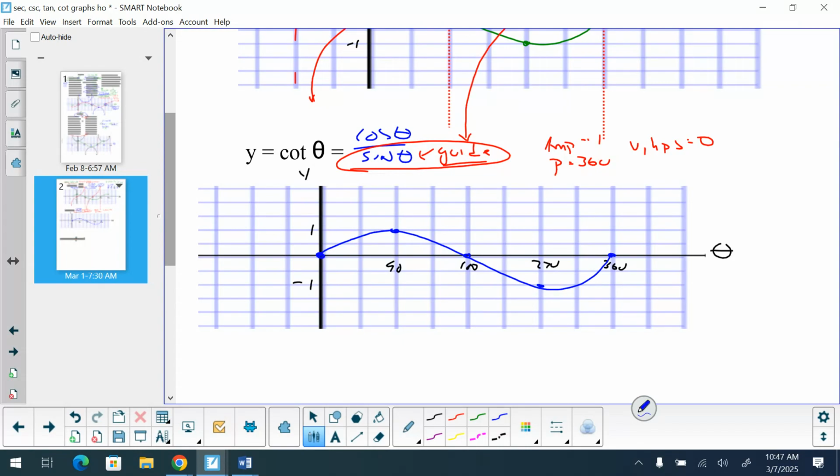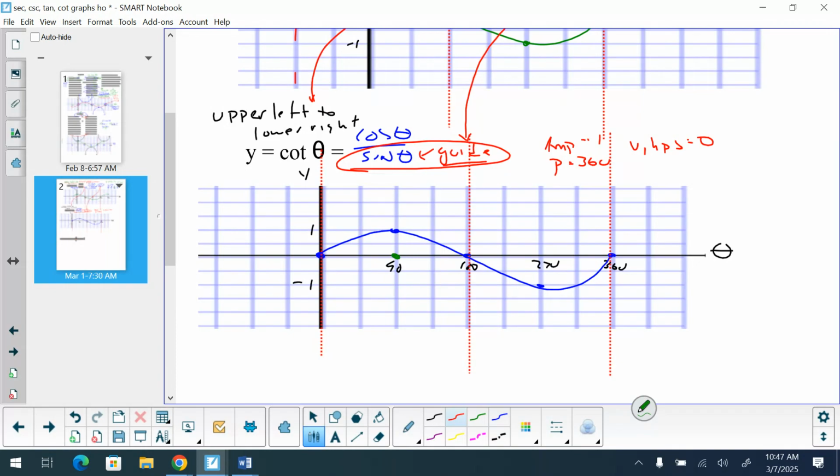Wherever you cross the prime axis, draw your vertical asymptotes. And this would go from upper left to lower right, just flips it over.